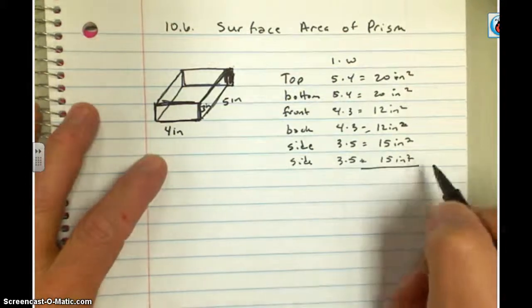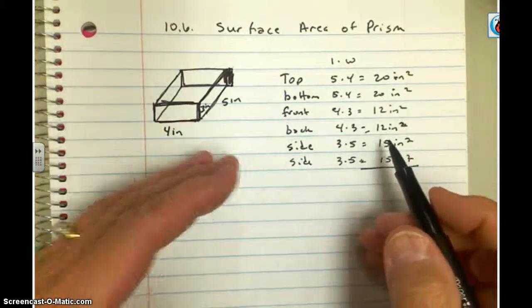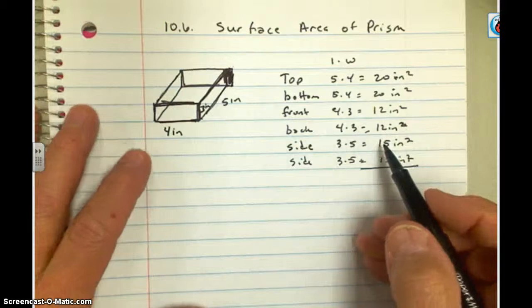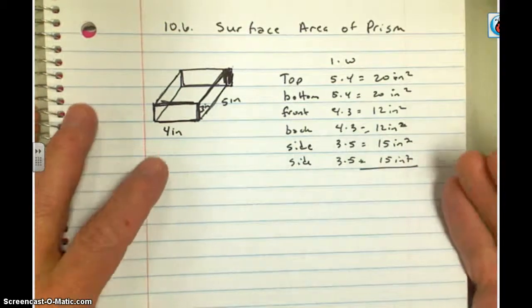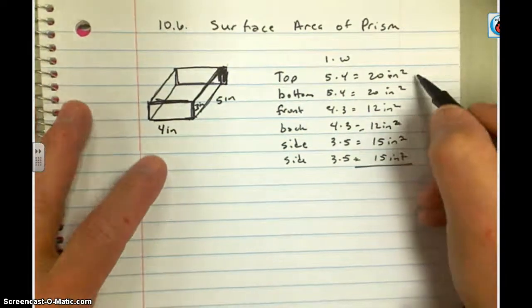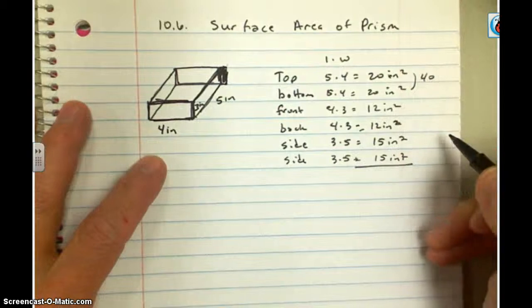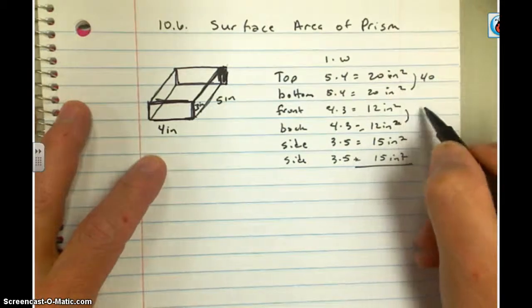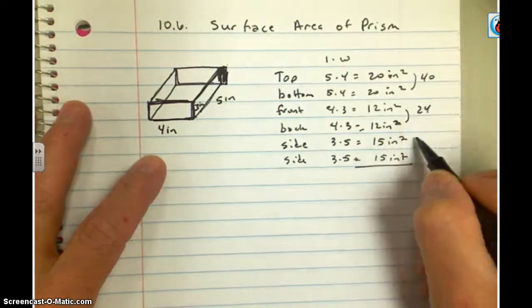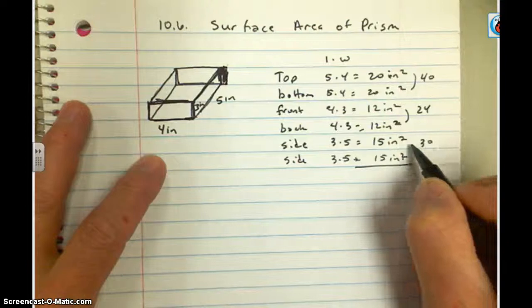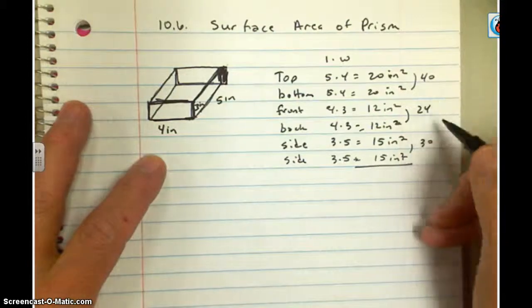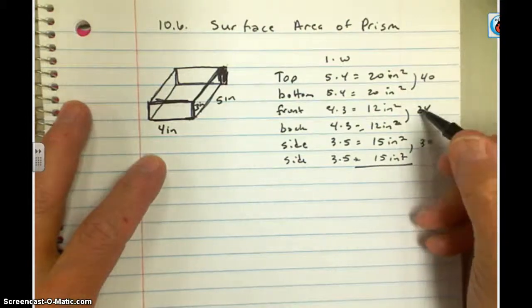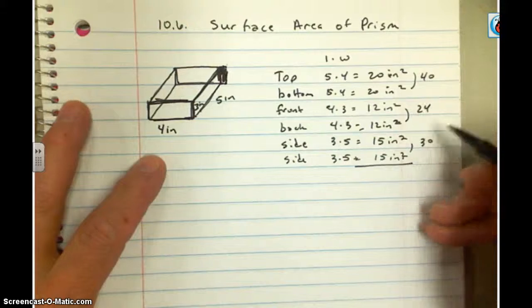Now when we find the area of all of our surfaces, we simply add them up. So we have 20 plus 20 is 40, 12 plus 12 is 24, and 15 plus 15 is 30. We add those up, and that gives us 94.